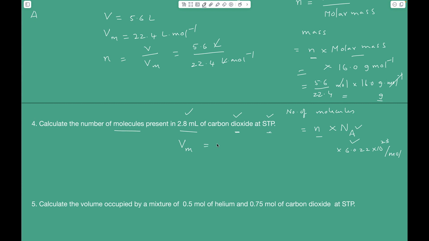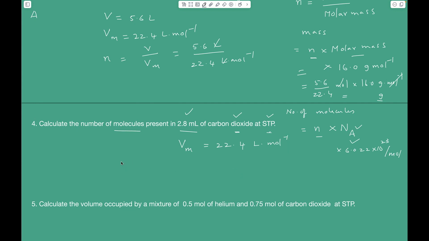You know that the molar volume of an ideal gas at STP is 22.7 liter per mole, but by looking at this number, they are expecting you to take its volume as 22.4 liter per mole.